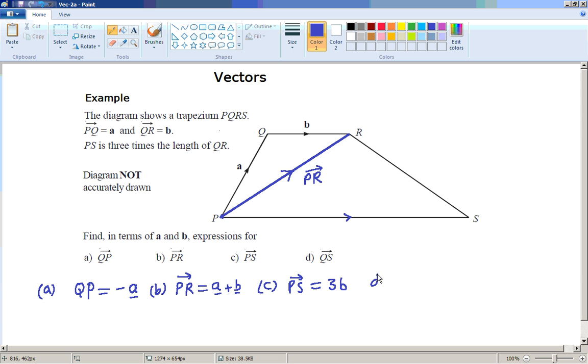Finally, answer to D, the vector QS. Now we're starting from Q and we can finish at S. So we're talking about this vector QS.